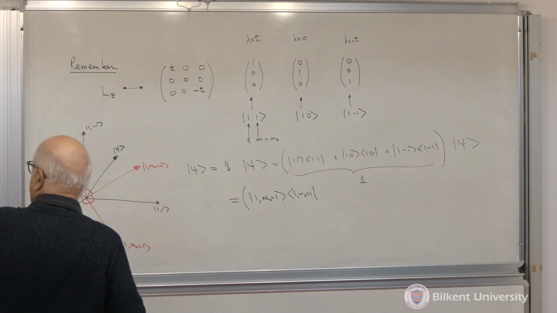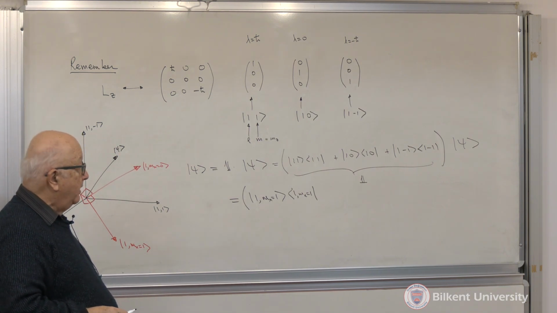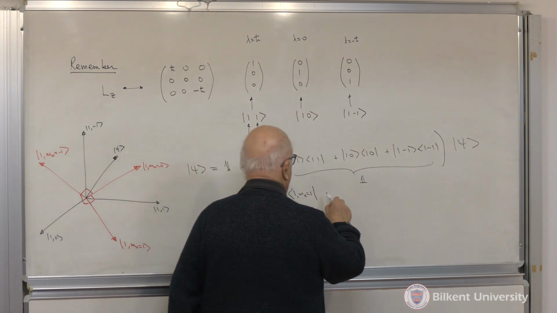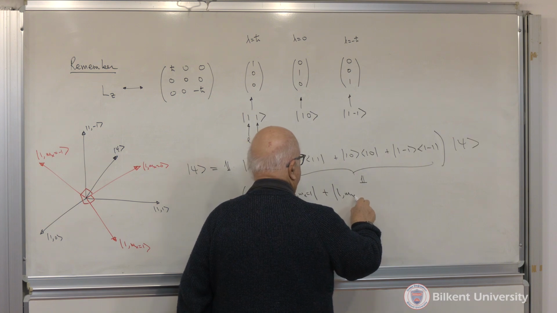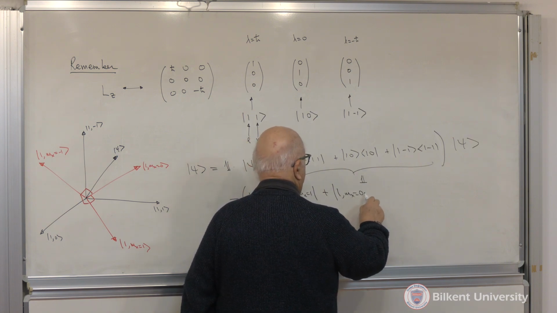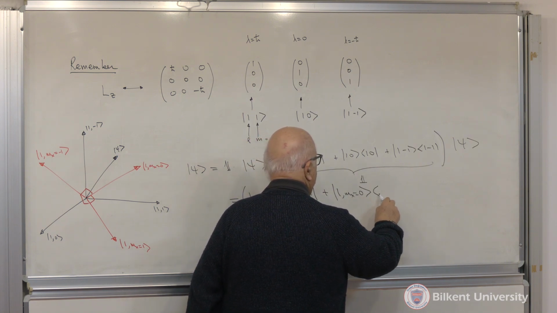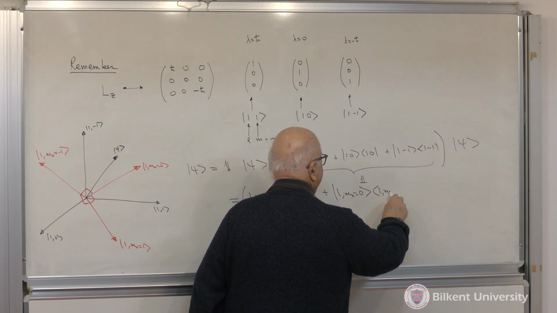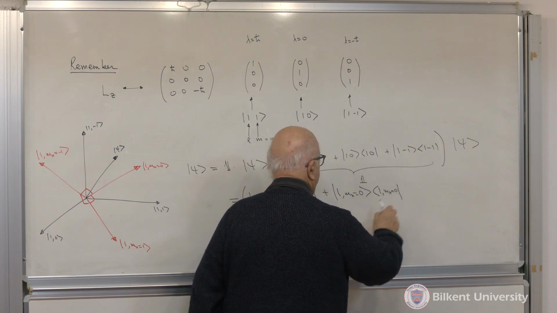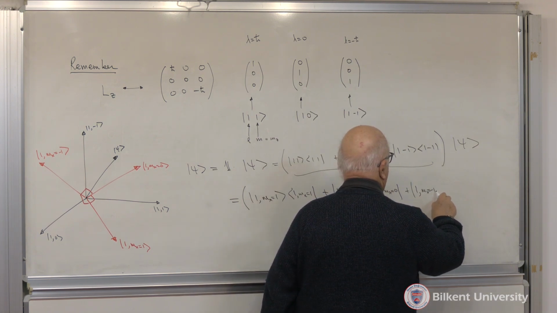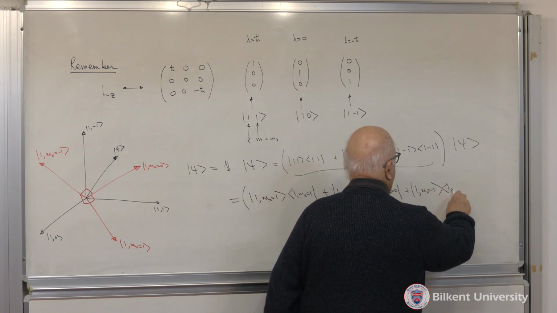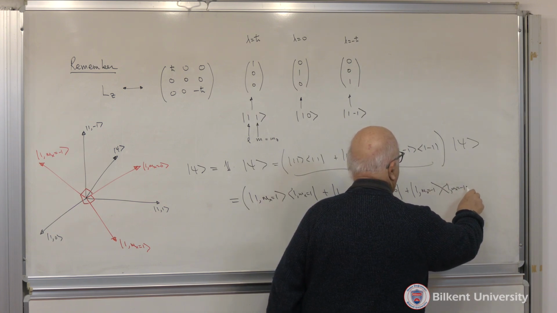So it's these vectors that I have here, plus |1,mx=0⟩⟨1,mx=0| plus |1,mx=−1⟩⟨1,mx=−1|.